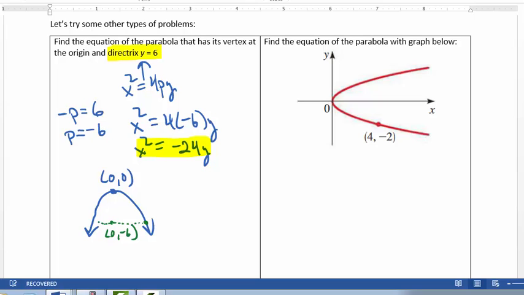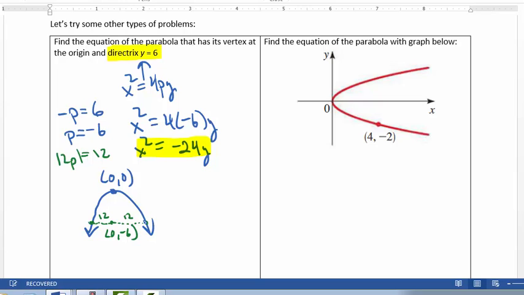And then remember what I do to get these other 2 points? I would go the absolute value of 2p to the right and 2p to the left. So if p is -6, the absolute value of 2p is the absolute value of 2 times negative 6, which is negative 12, which becomes 12. So in this case, I was going 12 to the right and 12 to the left. This doesn't look accurate, but it all really depends on the scale that you use.